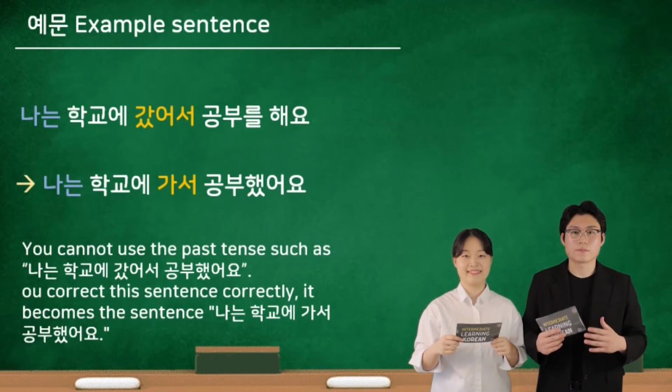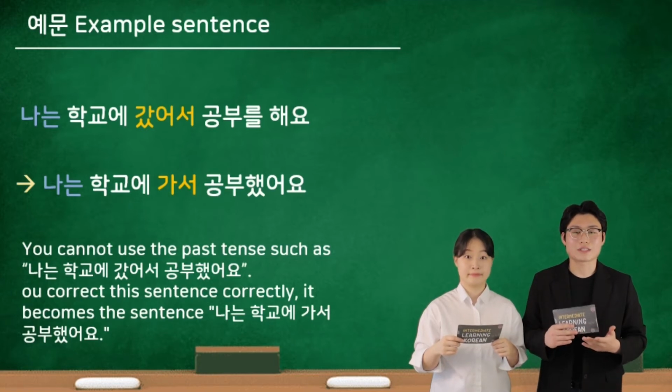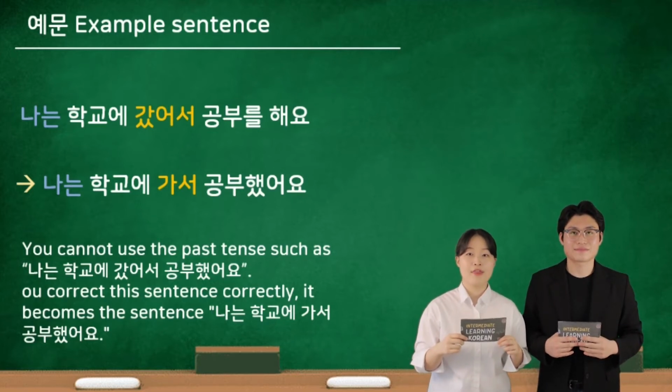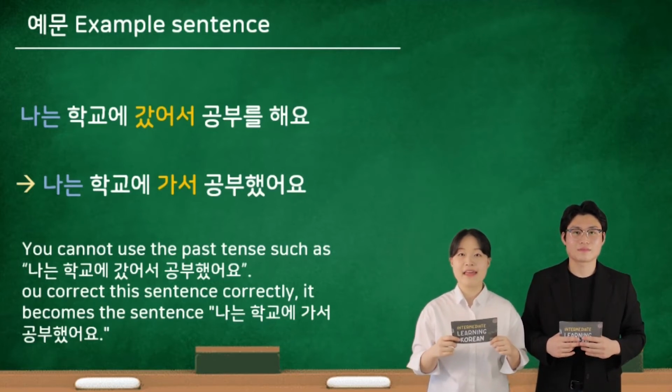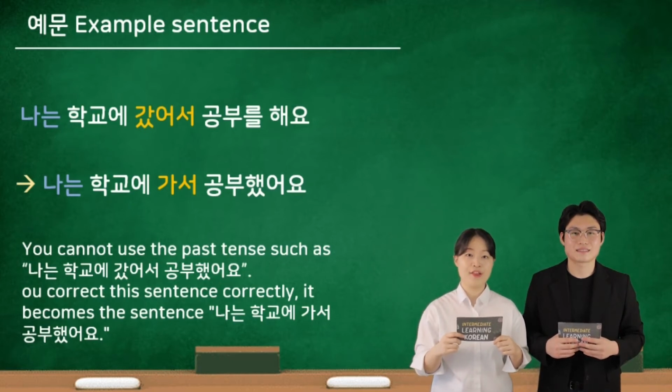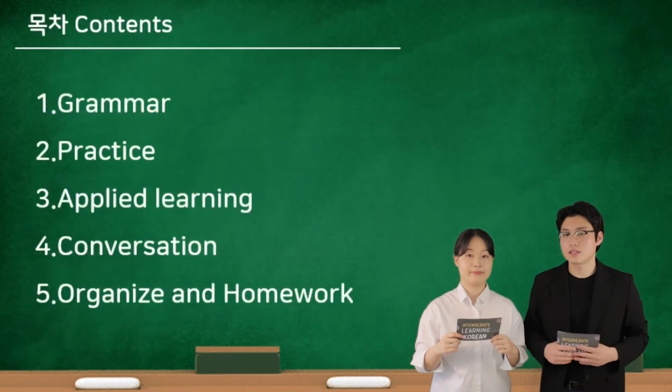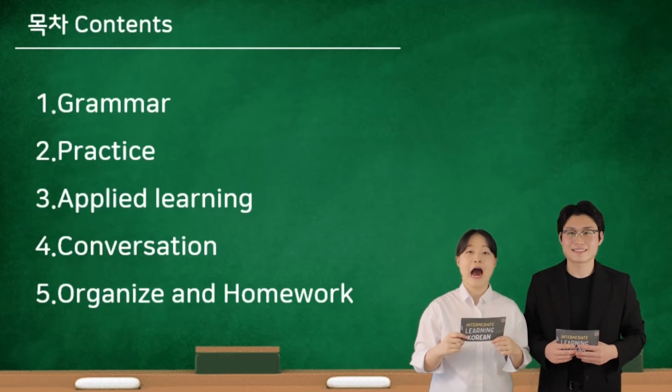Today, what we will learn is 으면 and 면. 으면 and 면 are used after adjective and verb stems, and are connecting endings that indicate an assumption or condition. Also, they are used when speaking assuming an uncertain or unfulfilled fact.